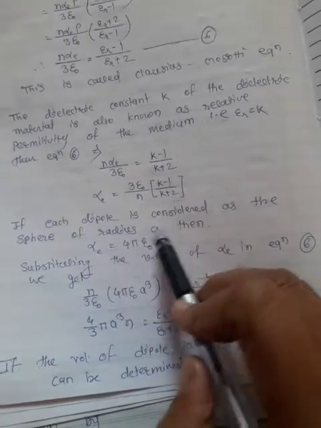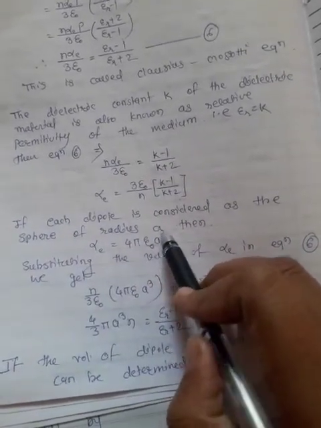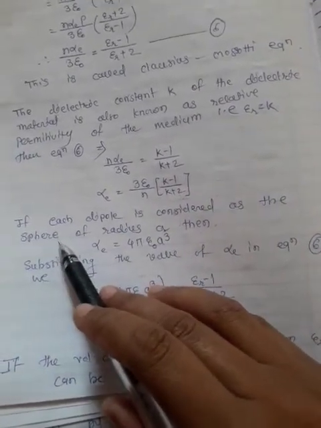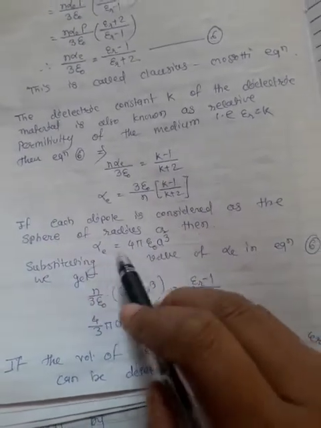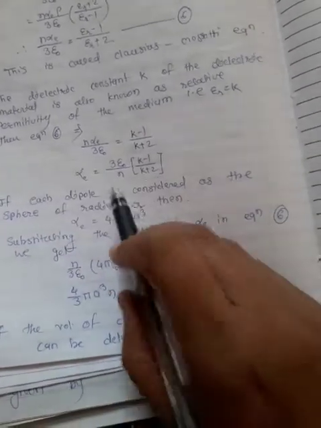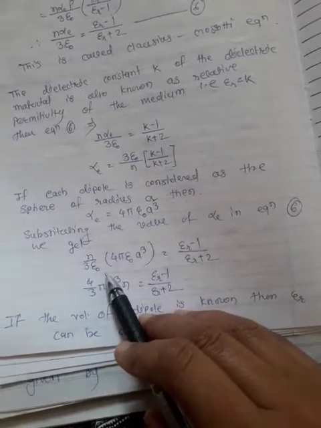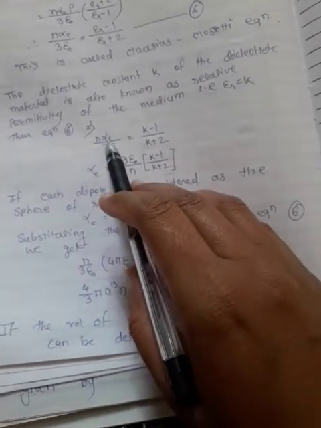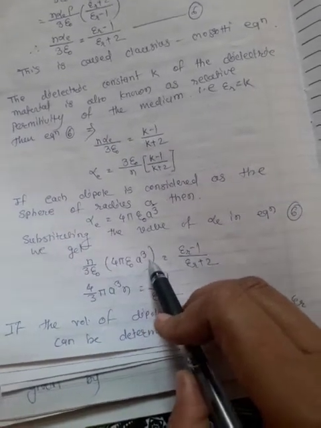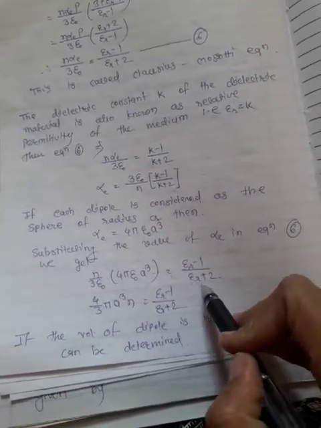If each dipole is considered as a sphere of radius a, then alpha E becomes 4 pi epsilon naught a cube. Substituting this value, we get n upon 3 epsilon naught times 4 pi epsilon naught a cube equal to epsilon r minus 1 upon epsilon r plus 2.